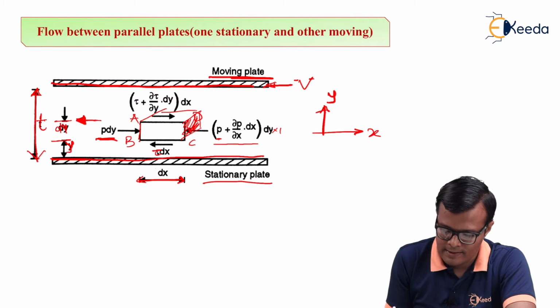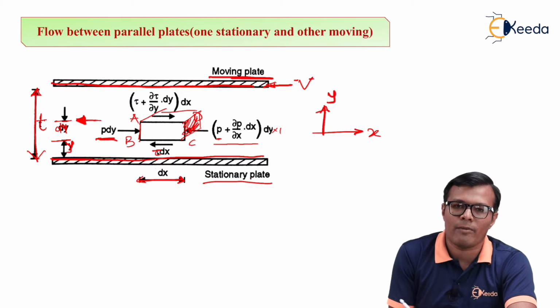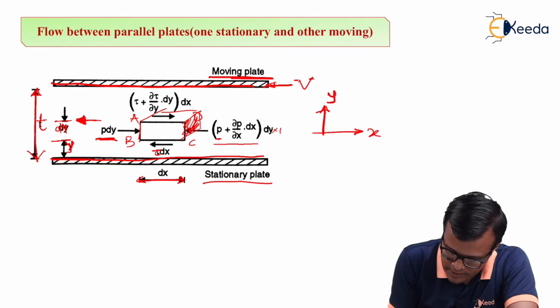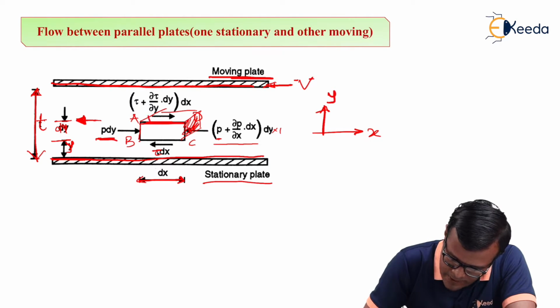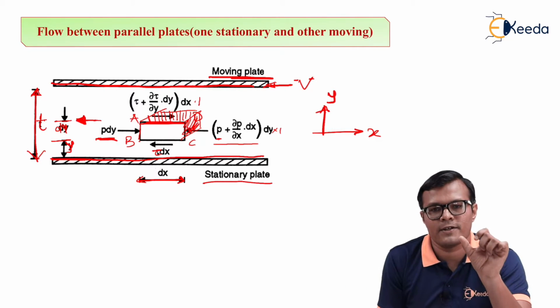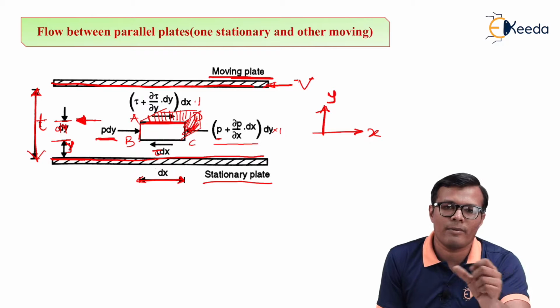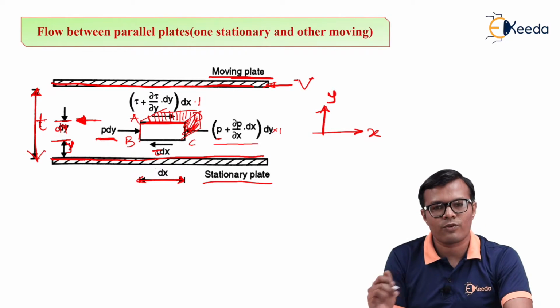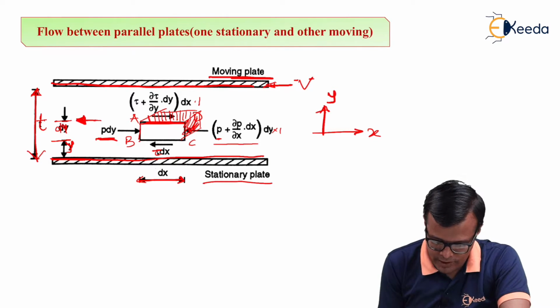Then these stresses are multiplied by the distance dx, which multiplied by the width 1 becomes dx into 1. So the hatched area becomes dx into 1. Stress multiplied by area becomes force. So shear forces can be shown as in the figure.